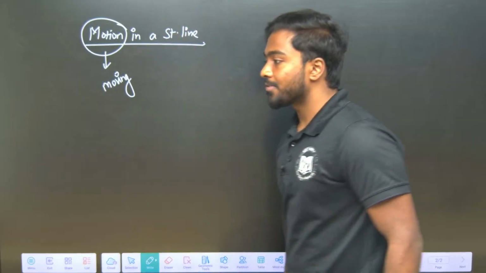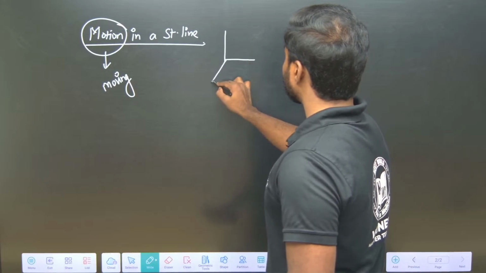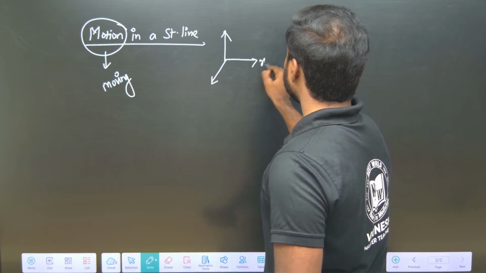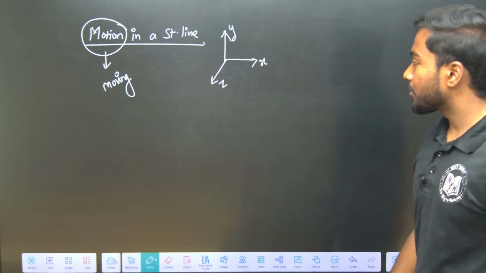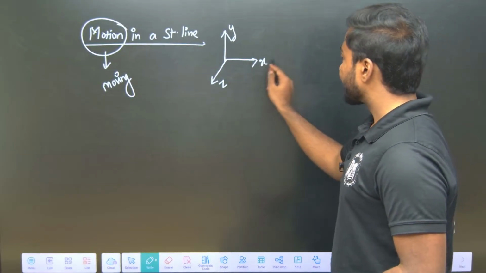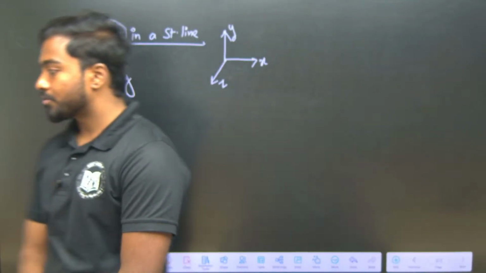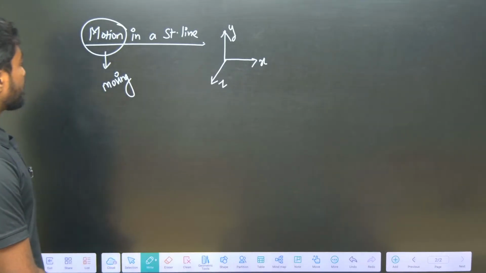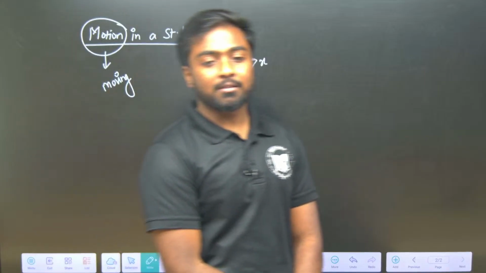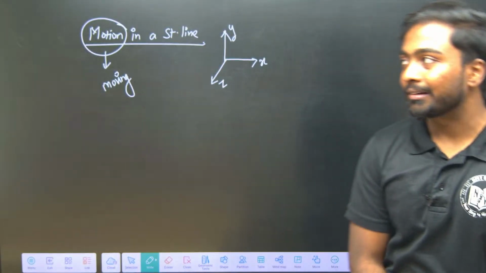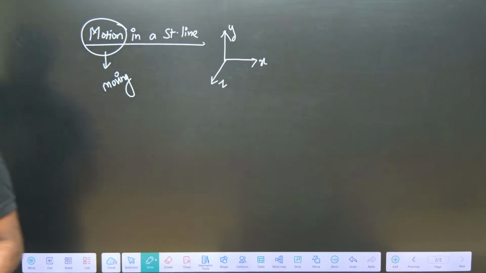In a straight line, there are three axes: X, Y and Z. Either the object is going in the x direction, y direction or z direction, moving in a straight line. But how do we say the object is in motion or at rest? That's the question here.